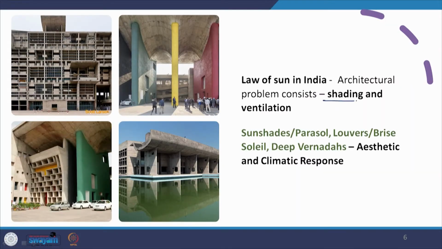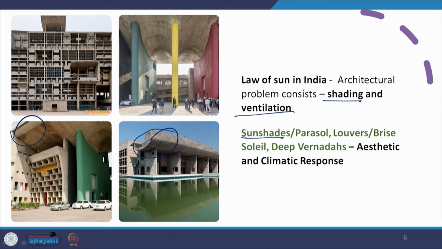So the architectural problem consists of shading the building and ventilating the building. To do that, Corbusier provided sunshades in his buildings. So you find this vast sunshade over the High Court building, and this inverted parasol over the assembly building. Parasol is a Japanese umbrella.